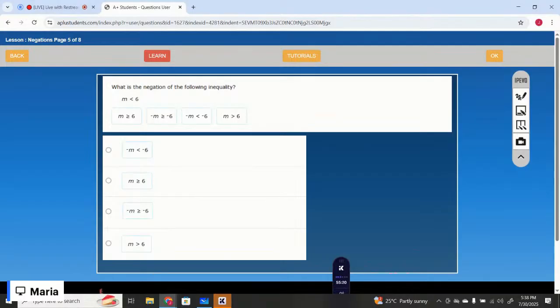What is the negation of the following inequality? That is m is greater than or equal to 6. Option number 2 is the correct option.